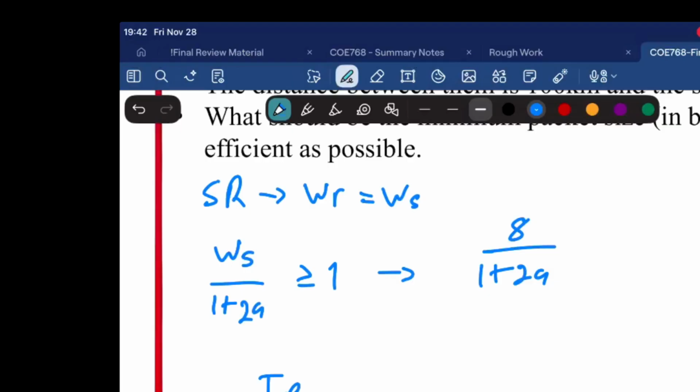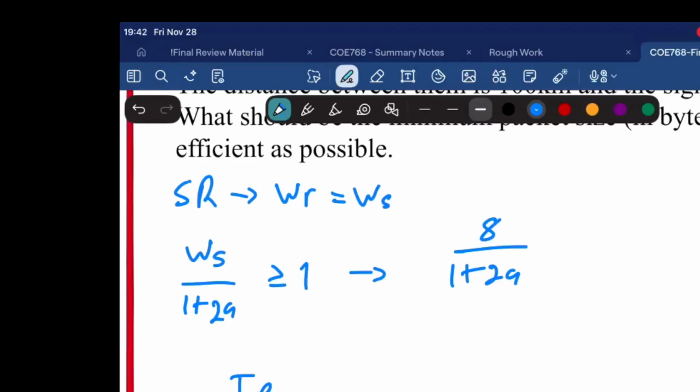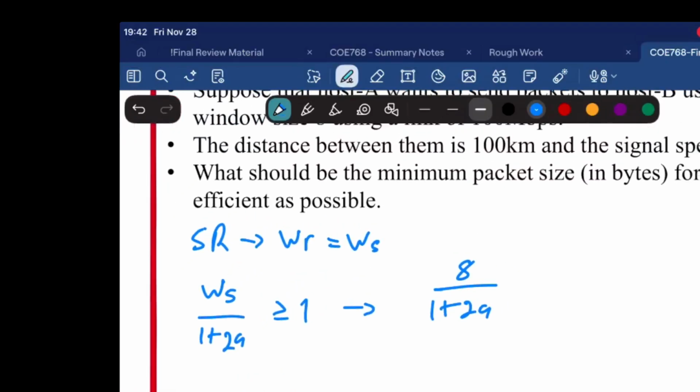For these, we have the link distance, which is 100 kilometers, and we'll keep everything in meters.